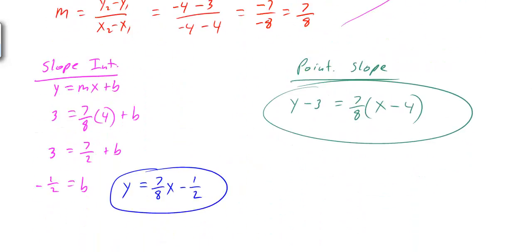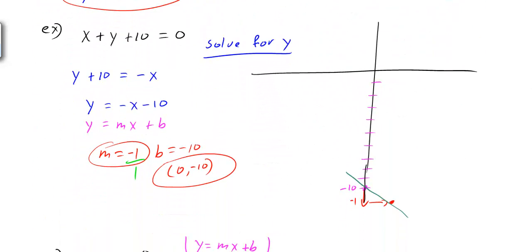Also, using the slope-intercept form, if you're given an equation, we can write that equation in slope-intercept form by simply solving for y, and we can identify the slope and the y-intercept, and then we could easily use that to help us graph the equation as well.